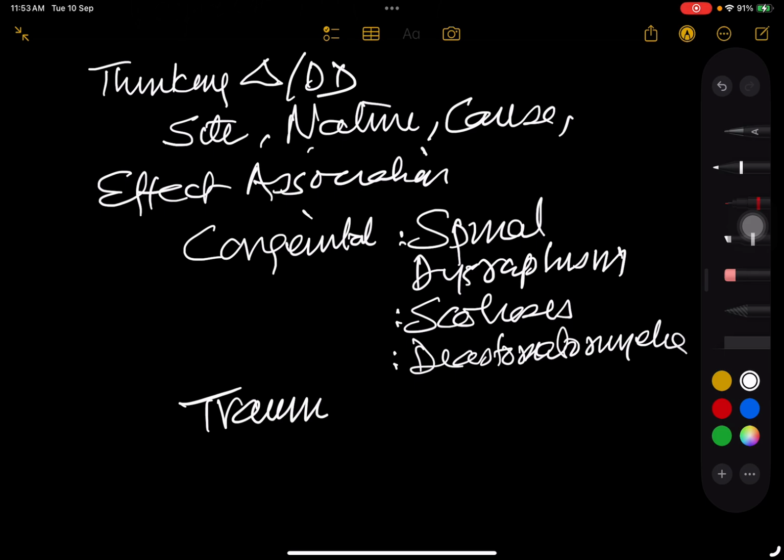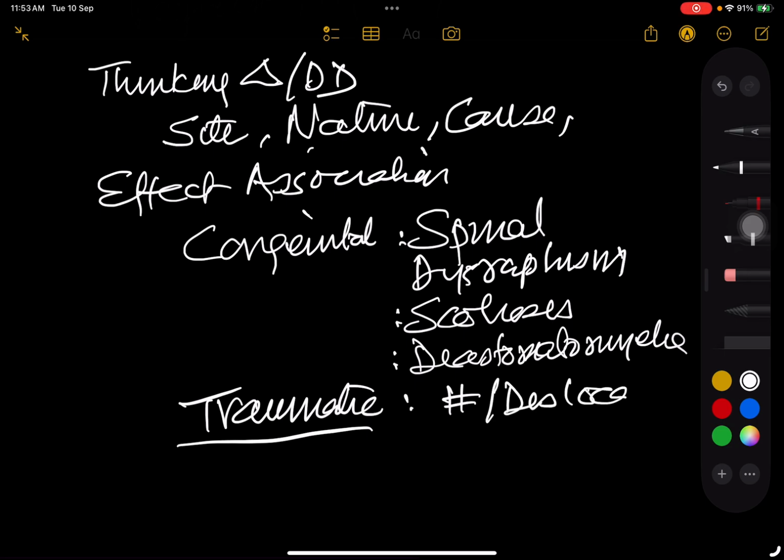Then there can be a traumatic, where there can be a fracture or a dislocation with or without neurological involvement.